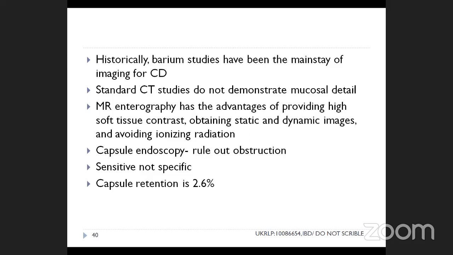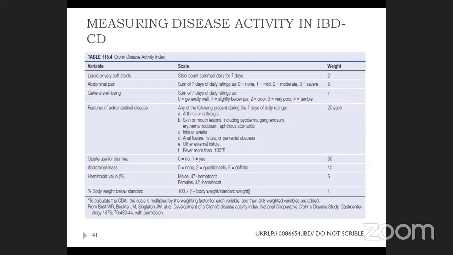And how to measure the disease activity, especially in Crohn's disease? There's something called the Crohn's disease activity index, CDAI. We can have this chart in the clinic so that we can assess the disease severity.